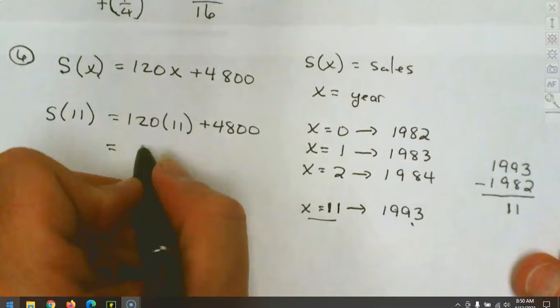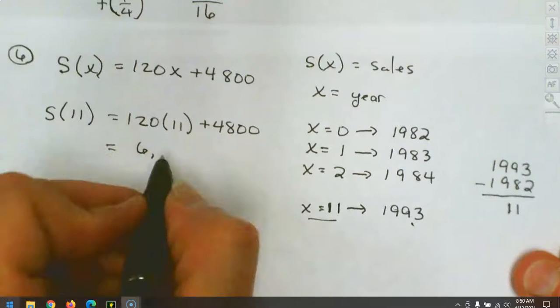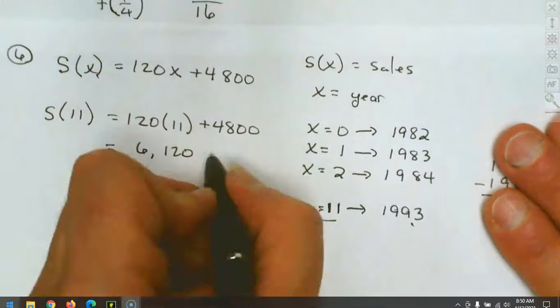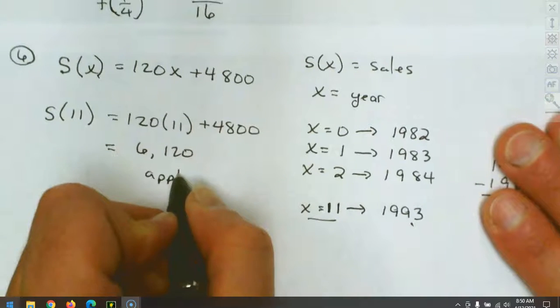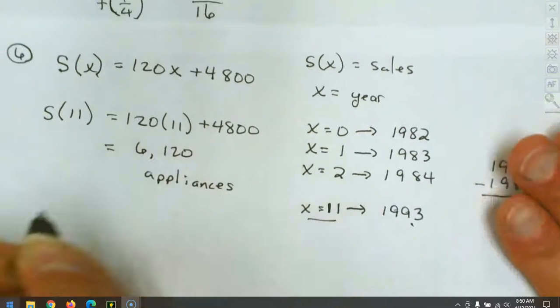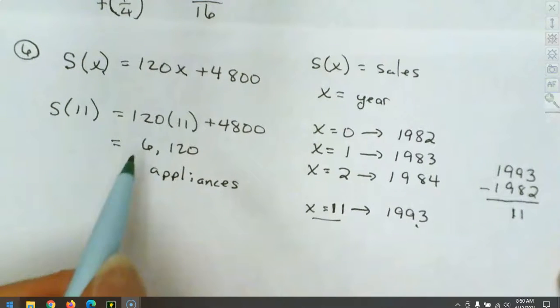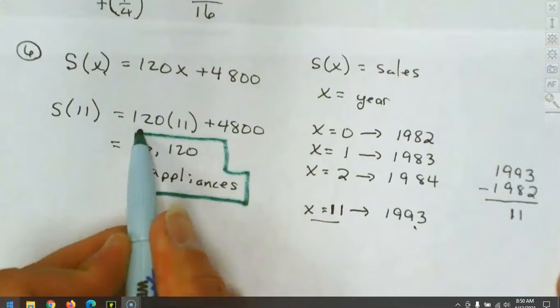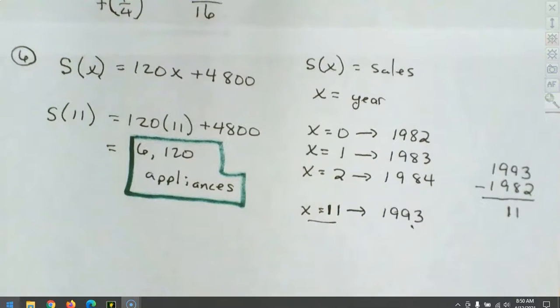And that gives you 6,120 appliances. That's going to be your answer there.